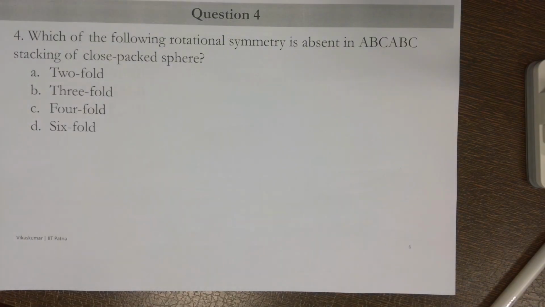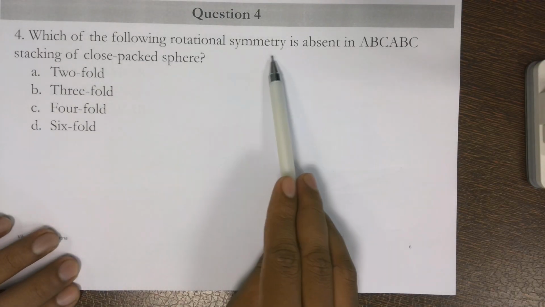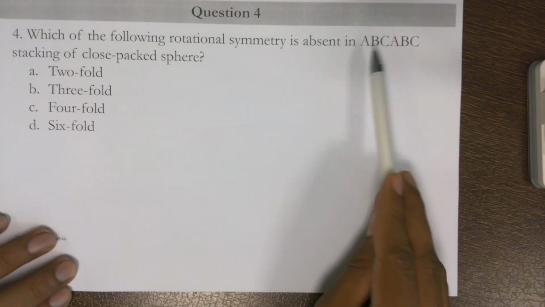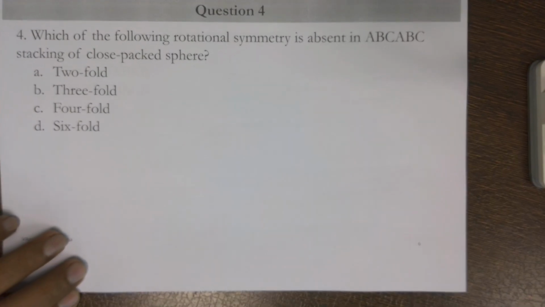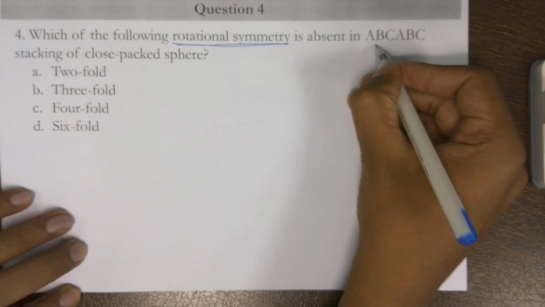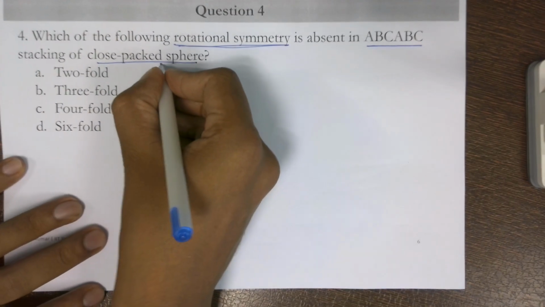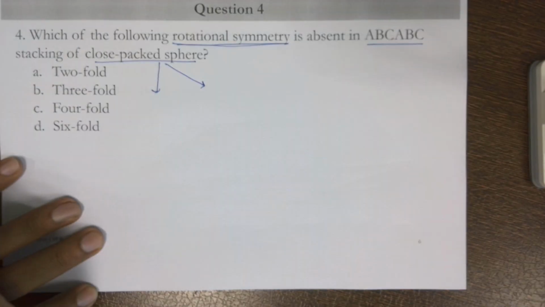Let's go to the next question, question number 4. Which of the following rotational symmetry is absent in ABC stacking of a close packed sphere? First of all, since it's specifying close packed, there can be two close packed structures.